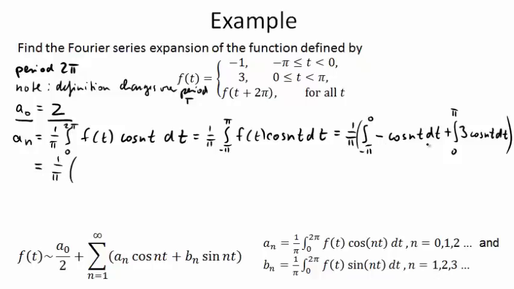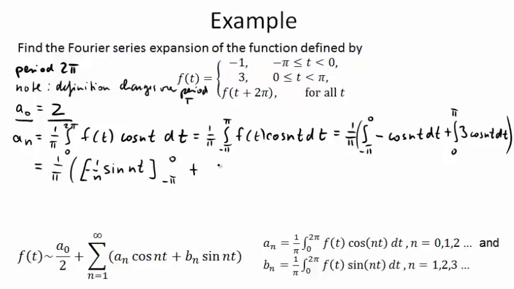Let's look at this. This is simply the integral of negative cos nt. So, well, that's not that difficult. The antiderivative is going to be negative sine nt, but we have to compensate for that n. So it is negative 1 over n sine nt. The limits are negative pi to 0.